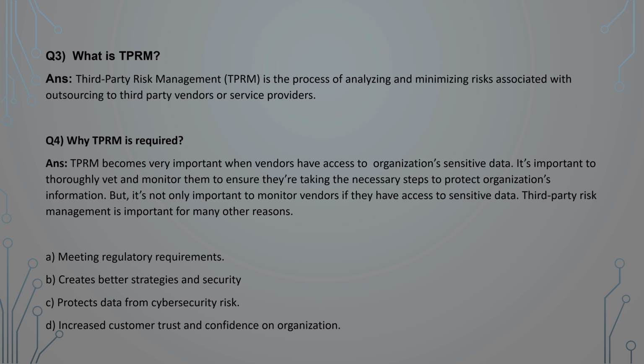Some hackers may target the vendors, and finally the vendors have the bank's data. So ultimately the bank's data will be in trouble if something goes wrong with the vendor. So TPRM ensures that vendors have the proper, appropriate controls over their environment.